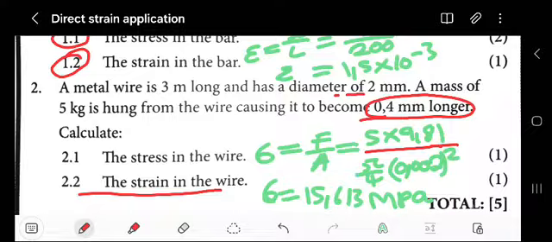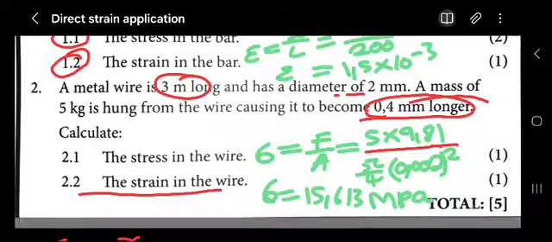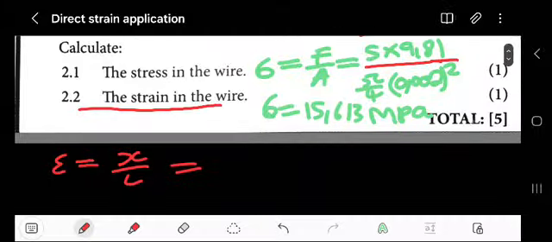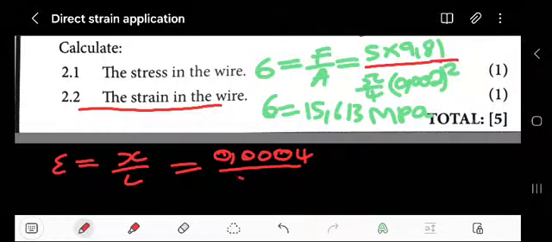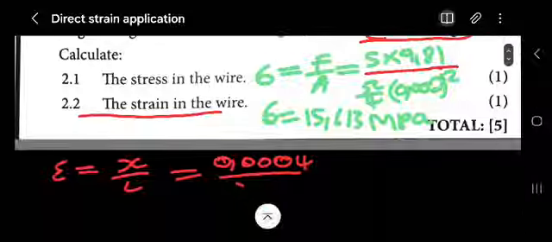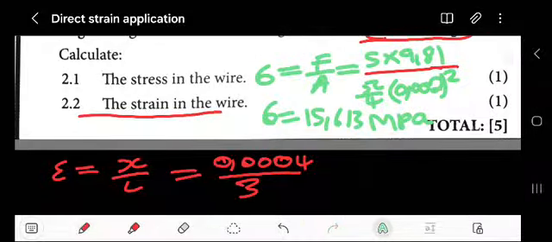It's in millimeters and this is in meters, so you must change the SI units so they are the same. 0.4 divided by 1000, the change will be 0.0004. The original length was 3 meters long.